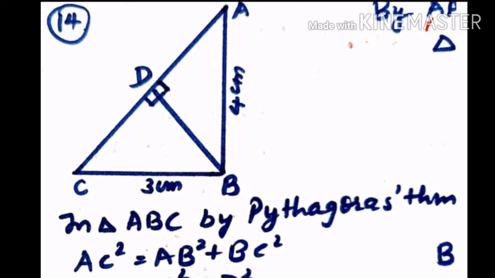So in triangle ABC, by Pythagoras theorem, AC square is equal to AB square plus BC square. We all know that Pythagoras theorem means hypotenuse square is equal to the sum of squares of the other two sides. So in our triangle ABC, we are using Pythagoras theorem to get our value of AC.